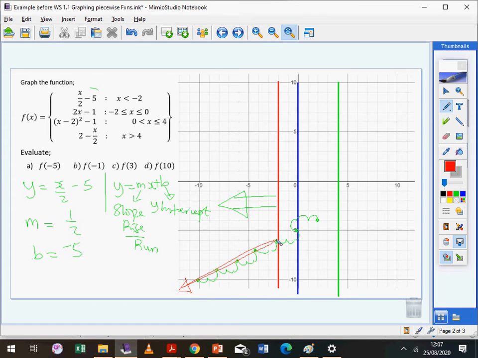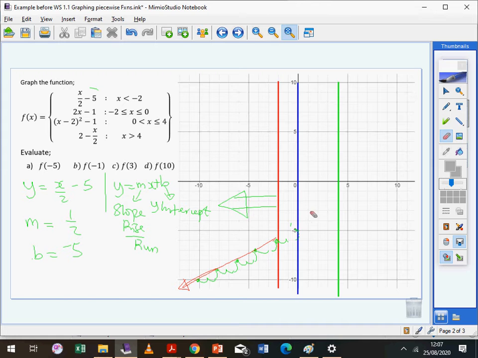That's better. But yours shouldn't be shaded like mine. Yours should be a perfectly straight and beautiful line. There we go. Remember, this graph does not exist here, so I'll take this out.